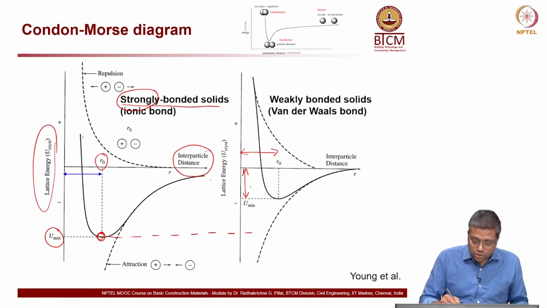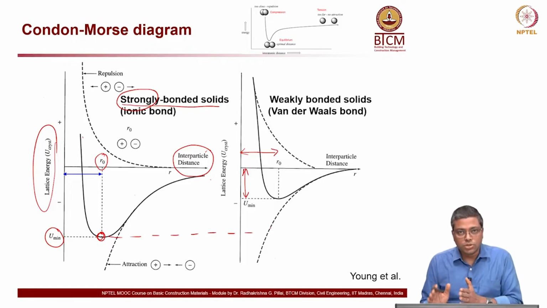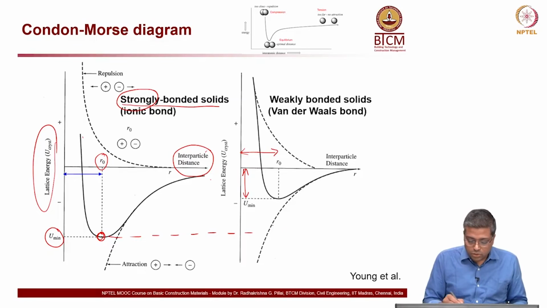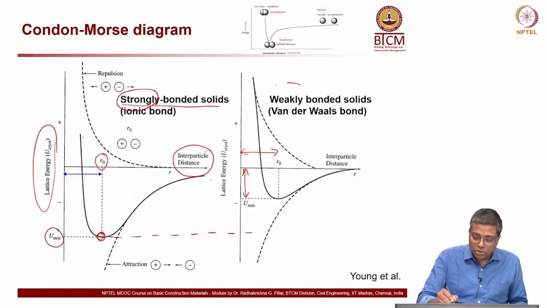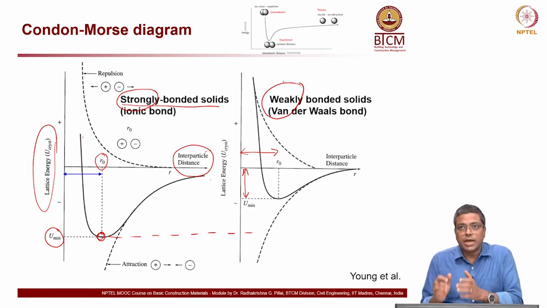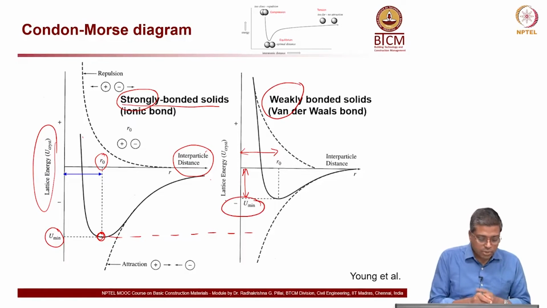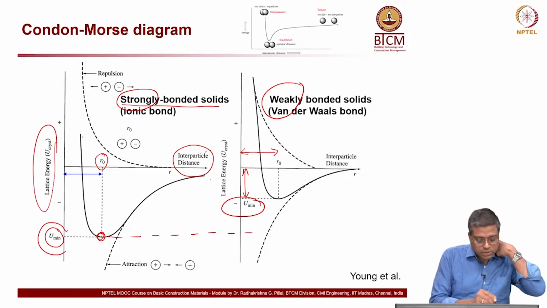So, U min in case 1 is more than the U min in case 2, in magnitude. So, we can say that case 2 is actually a weakly bonded solid. The bond is very weak. It is easy to break that bond in case 2 because the energy required to break it is very low as compared to that in the first case.